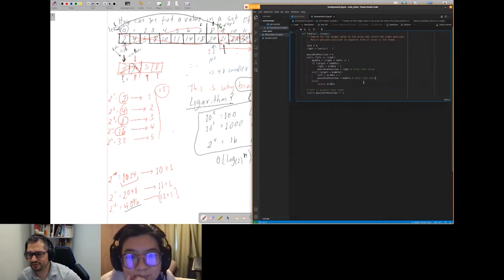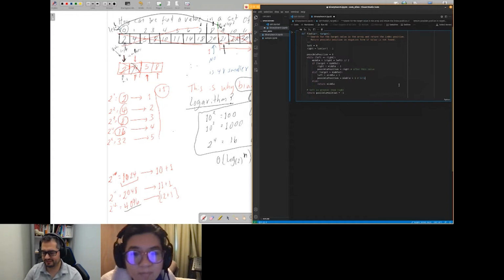Because this is the thing, right? If it's after, middle plus 1, to keep it consistent. So this is before this value, or actually here, right? So this is wrong, because if it's not there, it would be there.